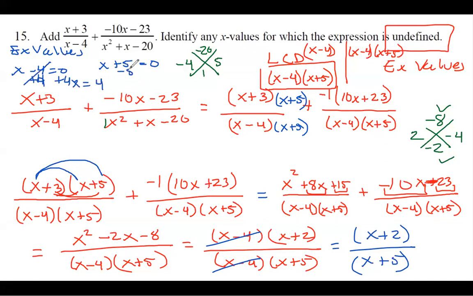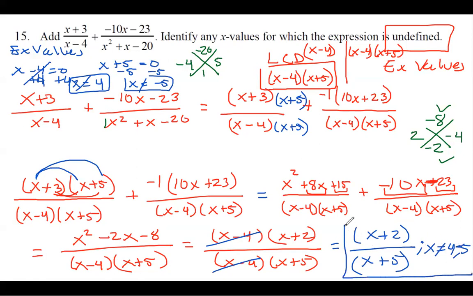And over here, we subtract 5, x equals negative 5. So these two values are my excluded values, which means that x cannot equal 4 or negative 5. That's a negative sign right there. There you go. Beautiful.